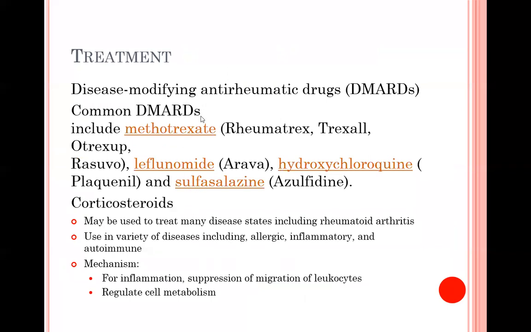Treatment is disease modifying anti-rheumatic drugs. This is a term to memorize: DMARDs, disease modifying anti-rheumatic drugs. That's what it stands for. That includes methotrexate, an immunosuppressant, so that's one to remember.